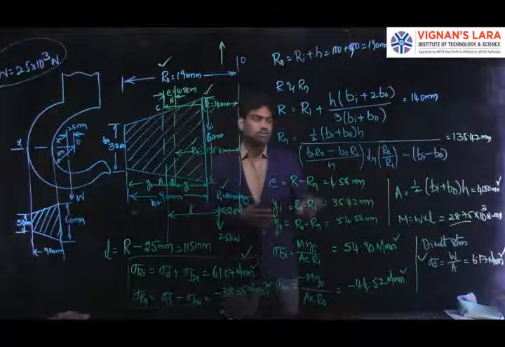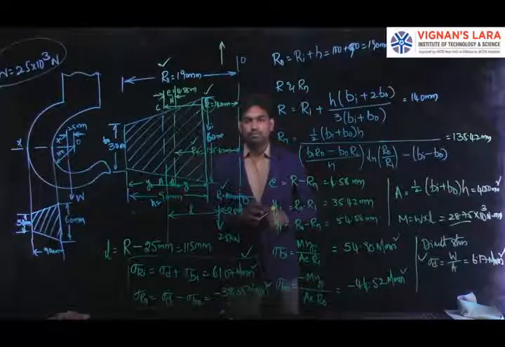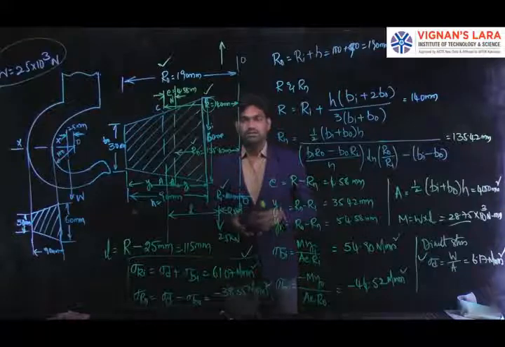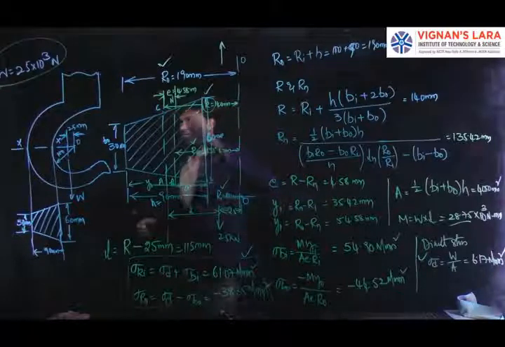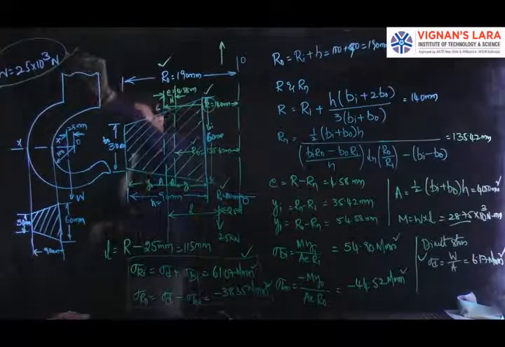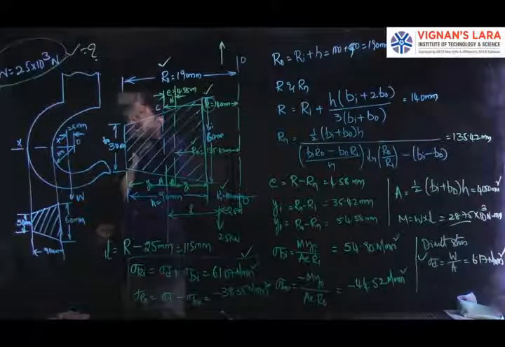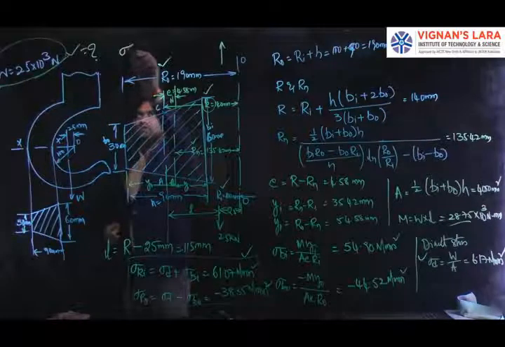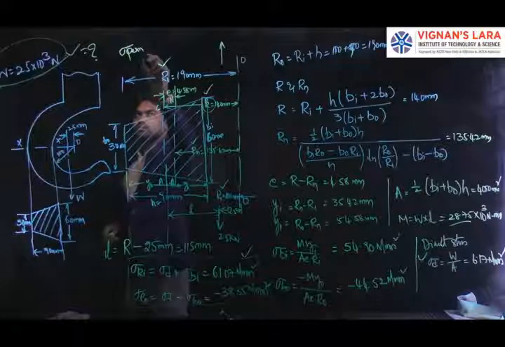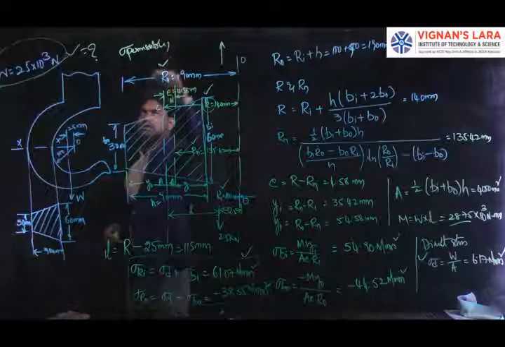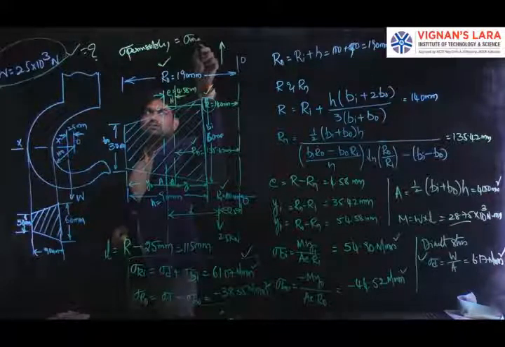But there is one more method we may have. So instead of giving the stresses and asking us to find the stresses, they can ask for the capacity of the hook. That means we need to find out the load carrying capacity. So they can give the permissible stress values, that is sigma is given. So that can be equated to sigma max.